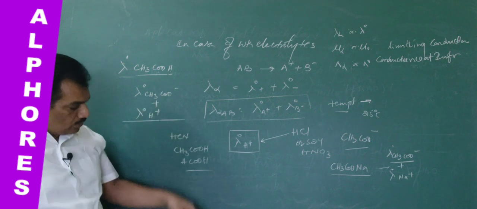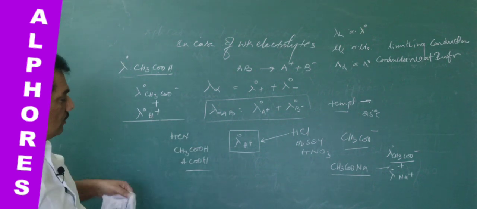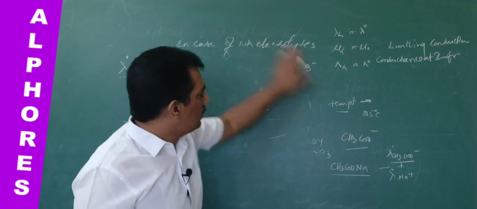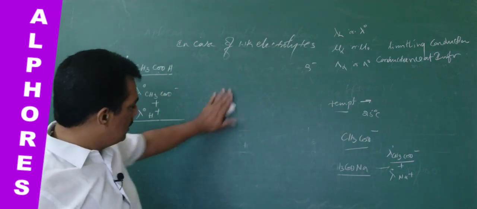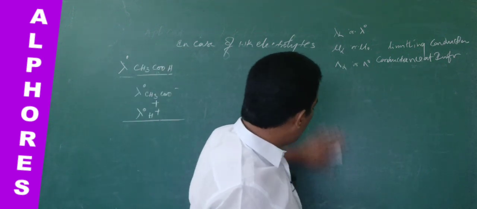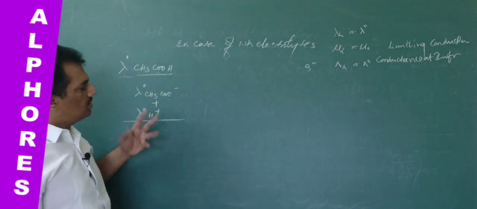And now one more question you may raise. Sir, when H plus is present in HCl and acetate ion is present in sodium acetate, how can we make these two separate, or calculate for this? Simple logic.